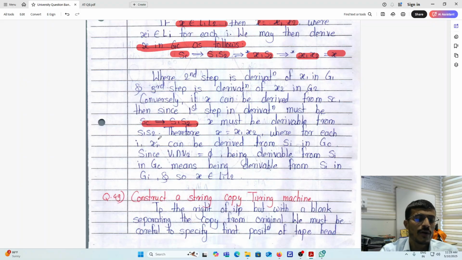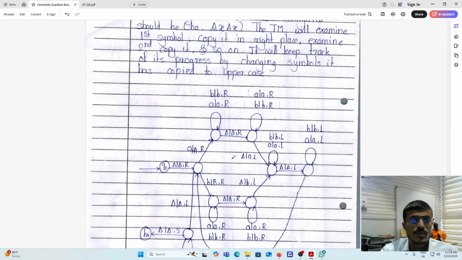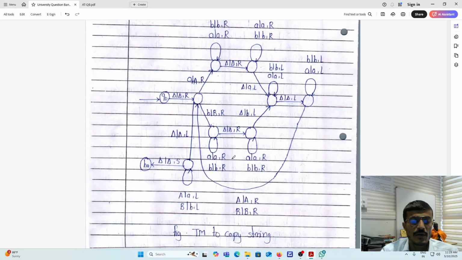Okay, now what we have to do: construct a string copy Turing machine, a Turing machine to copy a string. So that is the starting state or initial state. Initially, delta will be read, delta will be written, and it moves towards the right side. And the halting acceptance is over here.